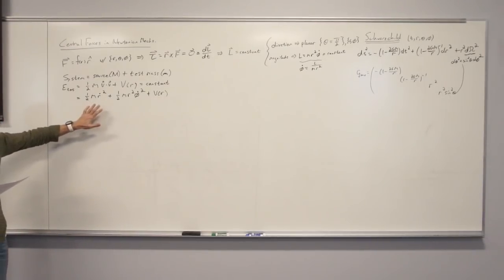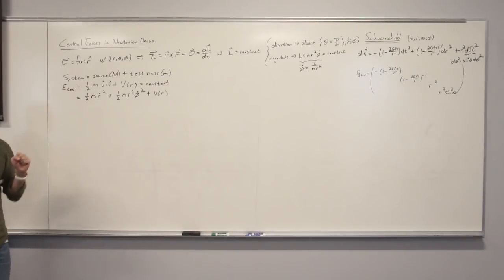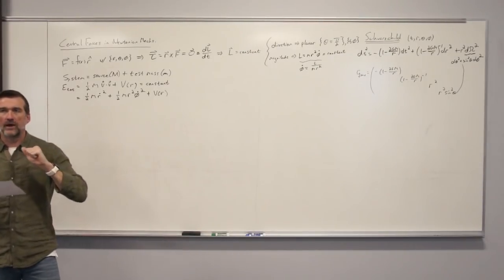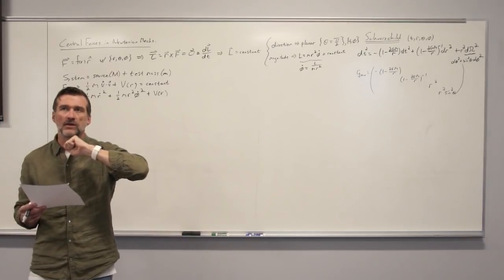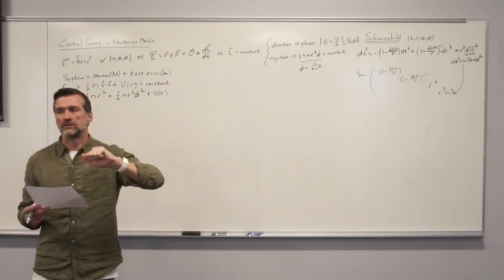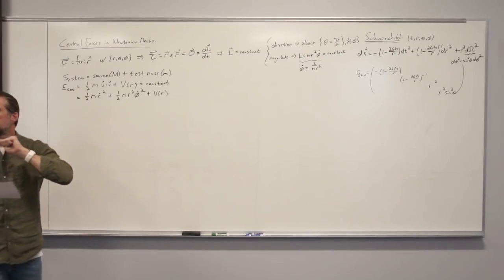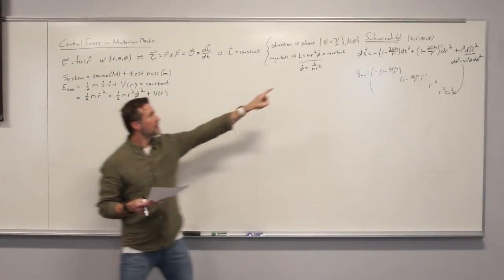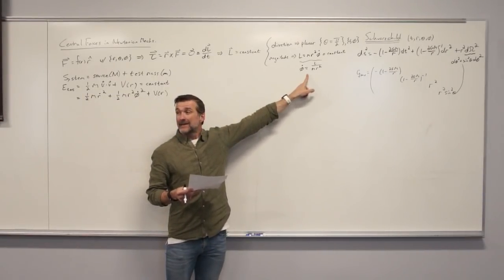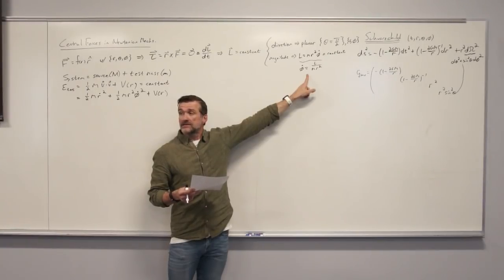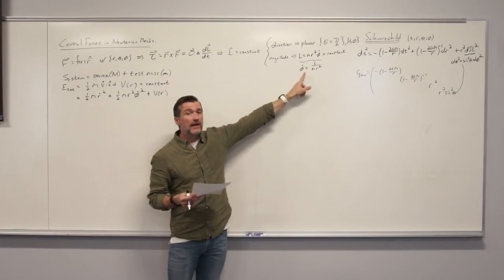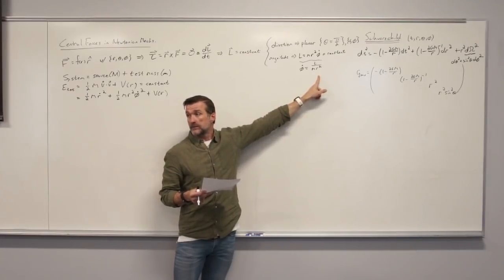I would really like to reduce this to a one-dimensional equation. That is a differential equation that is only an equation in one variable. How are you going to do it? Take your phi dot you solved for over there and plug it in. Exactly, because L is a constant. So this takes the phi dot and replaces it with a 1 over r squared, basically.